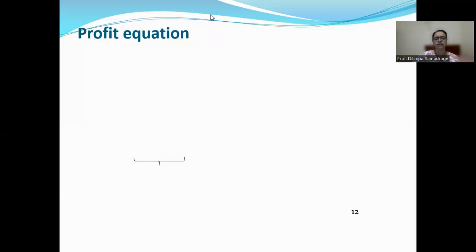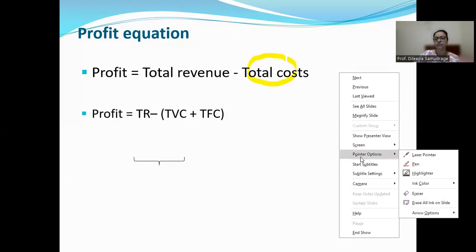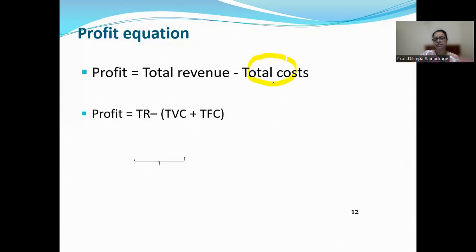From total revenue, you have to deduct total cost, right? That's how you decide profit. But in CVP analysis, we analyze this further. We can write down this total cost like this, because we know in CVP analysis total cost can be divided only into variable and fixed.